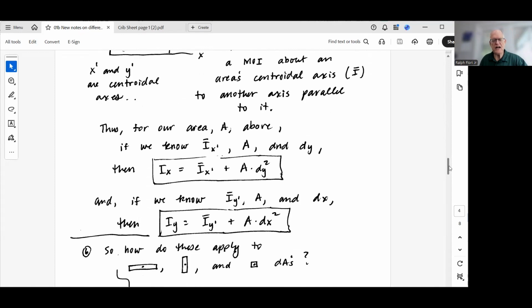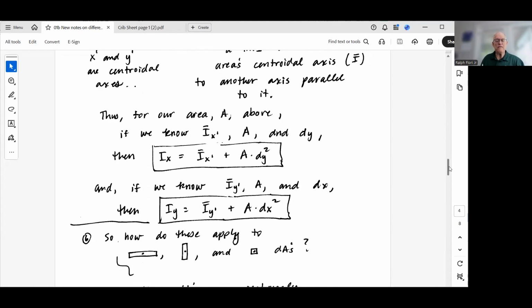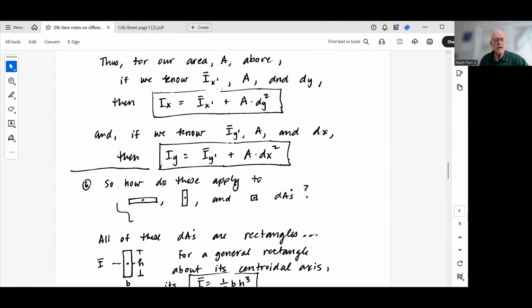Hang on, I know this is complicated. For whatever dA I'm using, I technically have to use the parallel axis theorem in differential form. So hang on, I'll explain it. Remember, you have a horizontal element, a vertical element, and the little dx dy element.